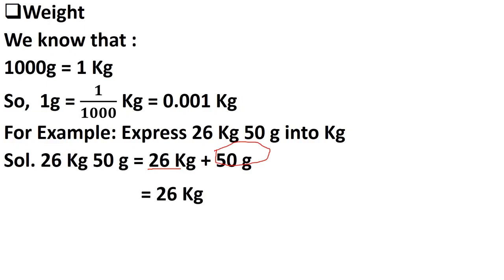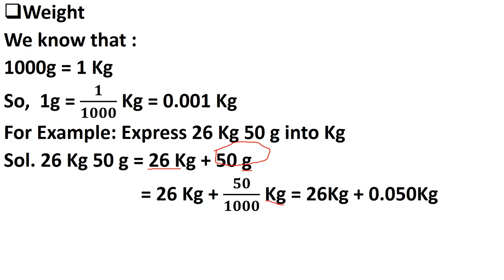How? 26 kilogram as it is plus, when we have to convert gram into kilogram, what we will do? We will divide it by 1000. So it is 50 upon 1000 kilogram. Okay. 26 kilogram remain 26 kilogram. 50 upon 1000 means now here are 3 zeros.